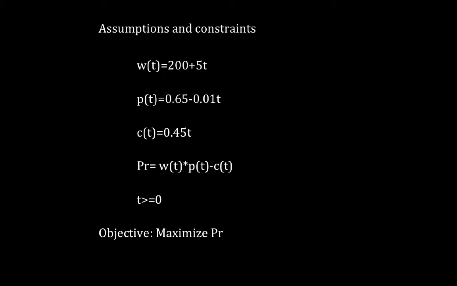Then we know our objective also. So next thing is step 2. Let me explain step 2. Step 2 is to select the modeling approach. You know, in calculus we use y equals f(x). So how do we find the maximum and minimum point?